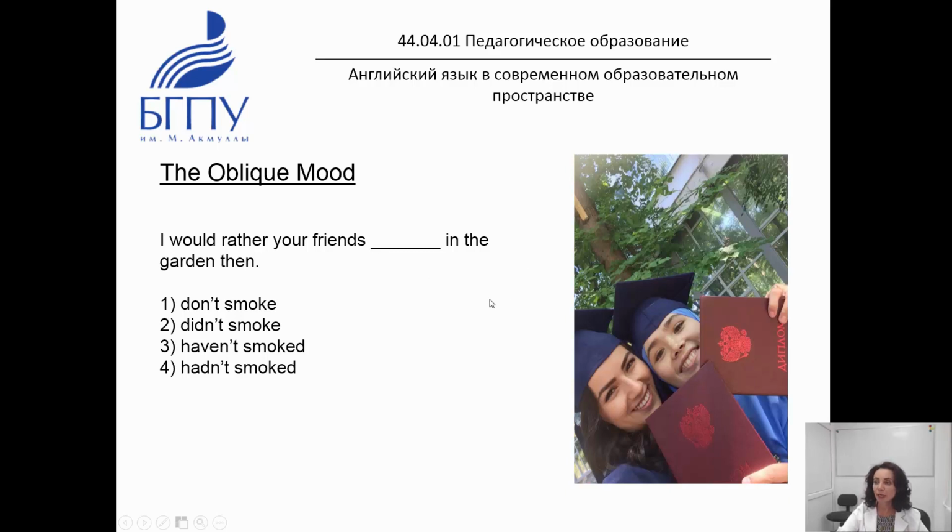I would like to draw your attention to the word then. And then is the word which underlines the fact that this action is prior to the action expressed by the main clause.